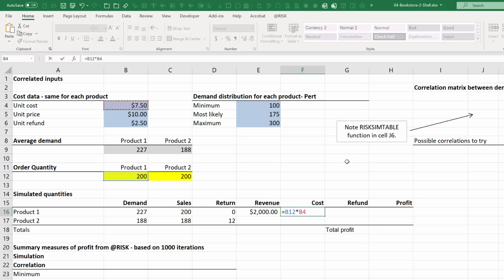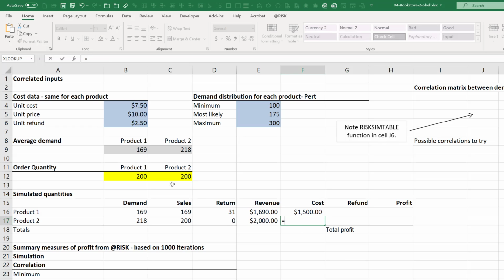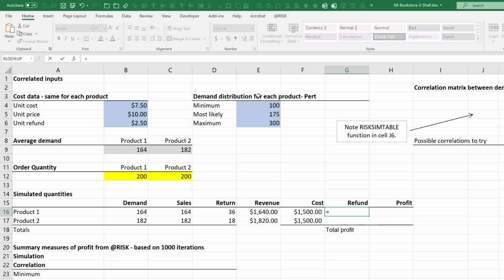I can't copy this formula, so I'll copy the revenue down. Now cost here is product 2 times unit cost. Now refund is return times the refund amount. That I can copy, absolute reference that and copy that.